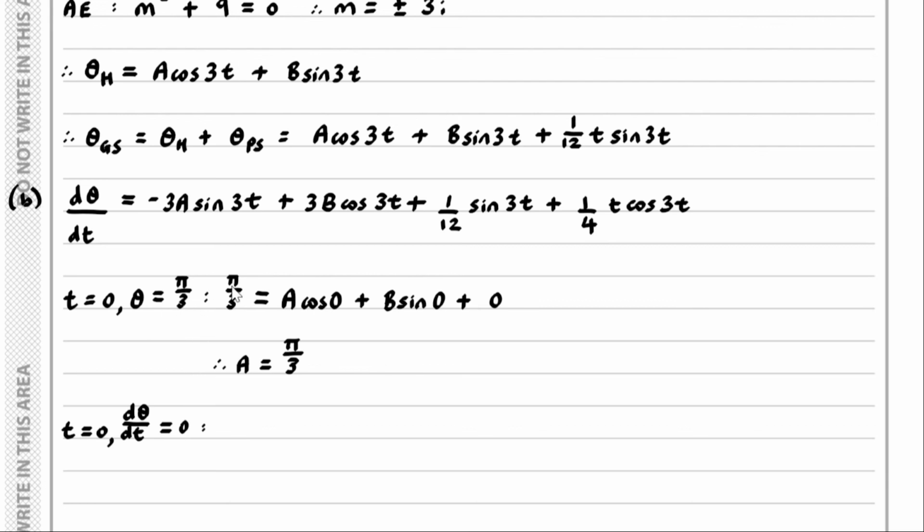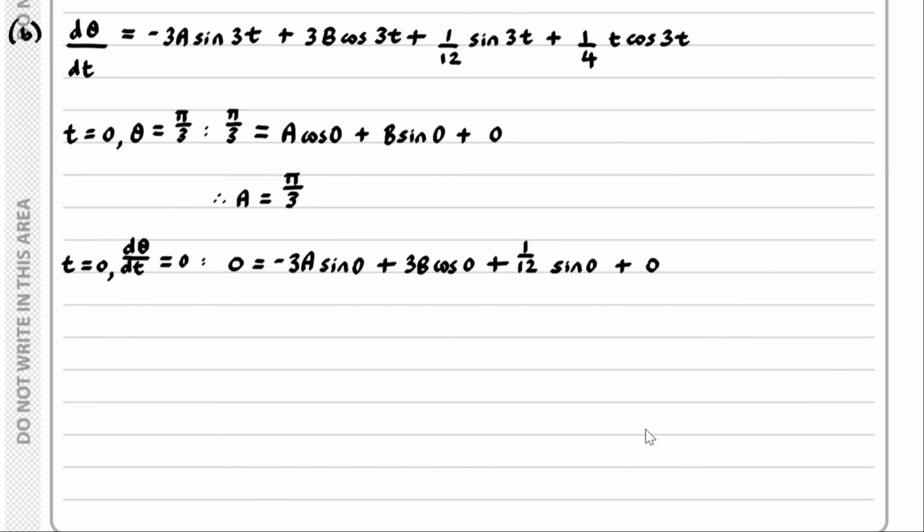Substituting into here, I've got 0 equals minus 3a times the sine of 0, and then I've got 3b cos of 0, and then I've got 1/12 times the sine of 0 plus 0. So I've got 0 equals 3b, in which case we can see b is equal to 0.